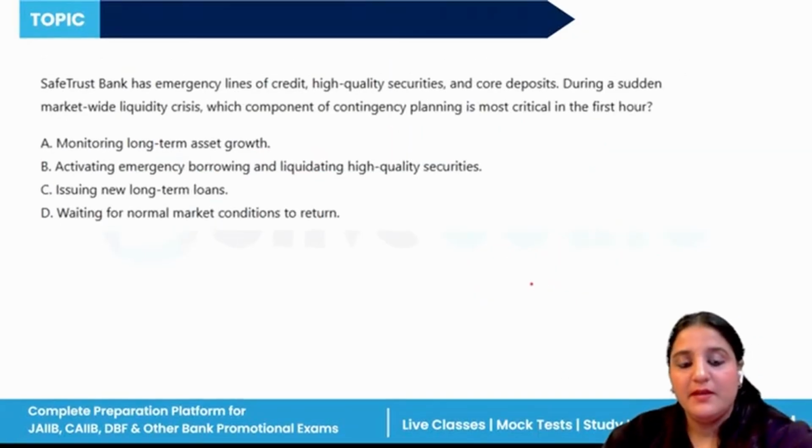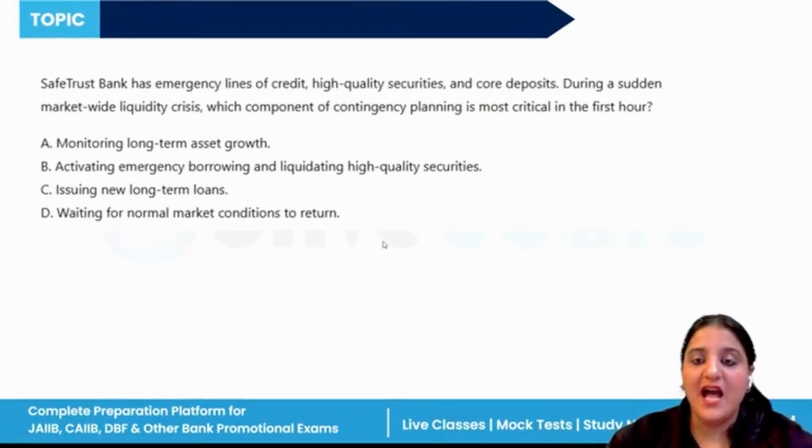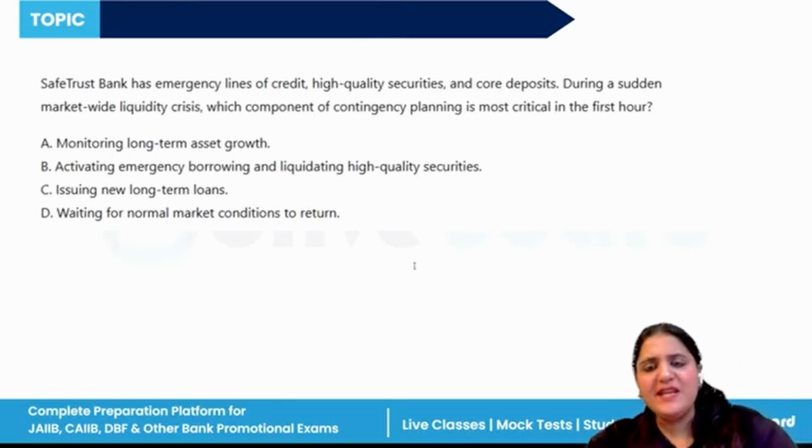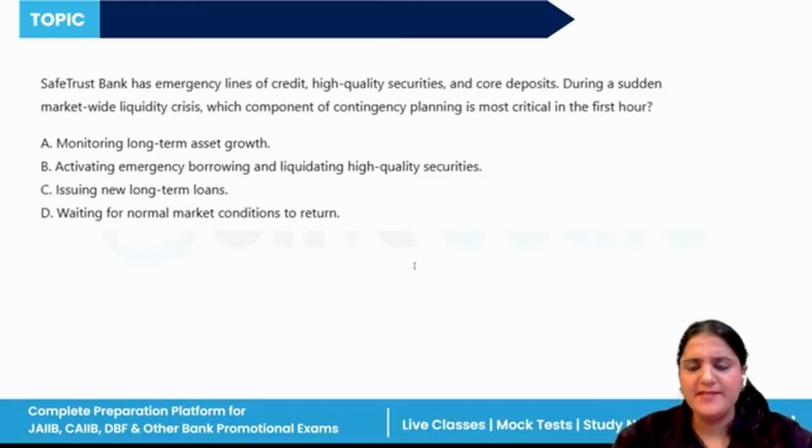Now, next question. In the next question, they're asking about Safe Trust Bank. Again, Safe Trust Bank has emergency lines of credit, high quality securities, and core deposits. During a sudden market-wide liquidity crisis, which component of contingency planning is most critical in the first hour? So, very simple.